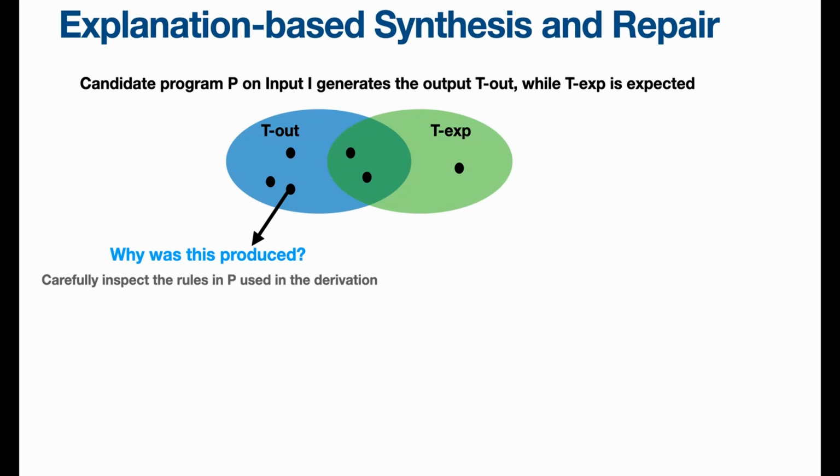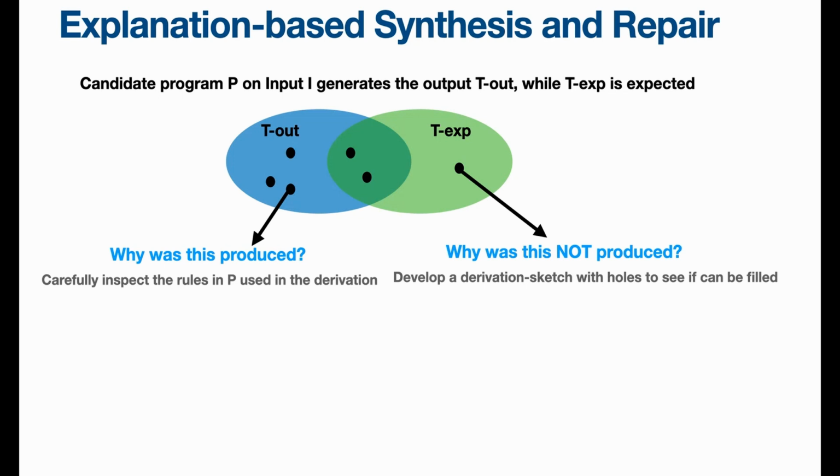If you have such an output, what we would want to do is carefully inspect the rules in the program which were used in the derivation, the rules which led to this output, which shouldn't have been there. And the other one is the counter problem, which is that you have an input for which the expected output was not produced.